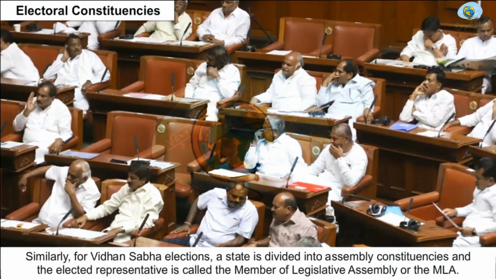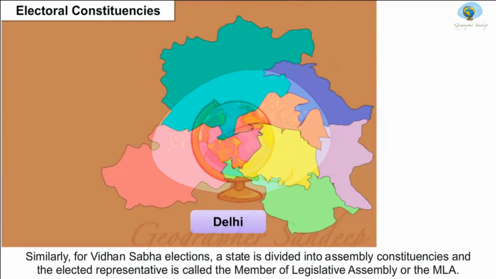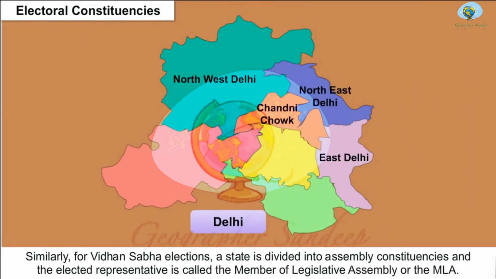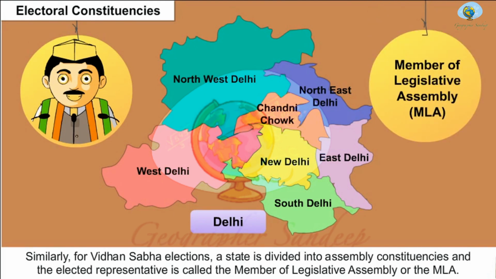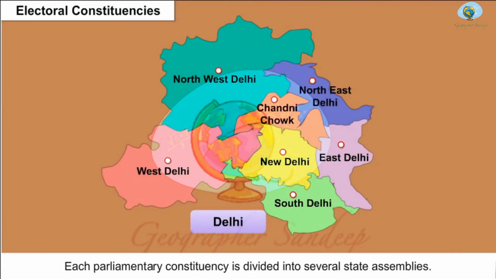Similarly, for Vidhan Sabha elections, a state is divided into assembly constituencies, and the elected representative is called the Member of Legislative Assembly or the MLA. Each parliamentary constituency is divided into several state assembly constituencies.